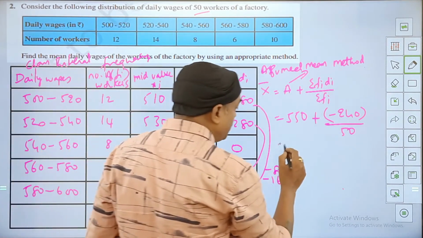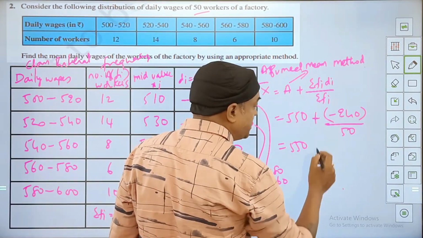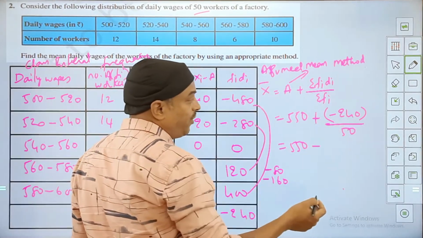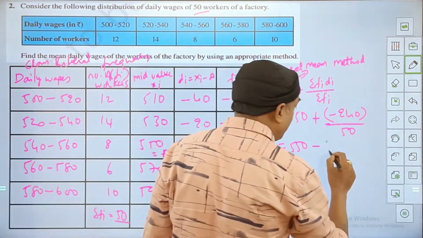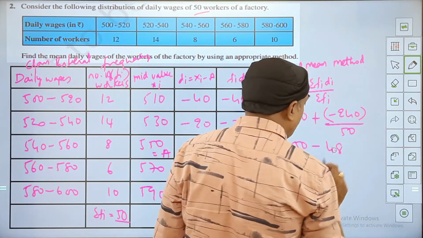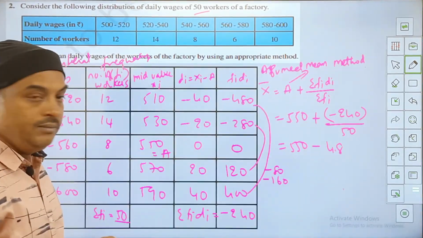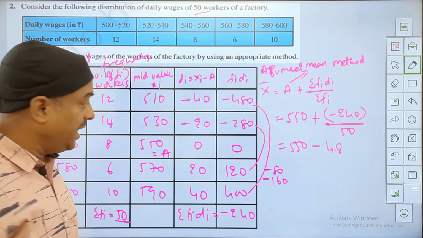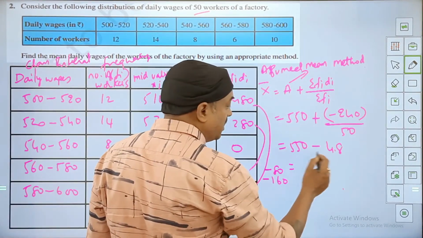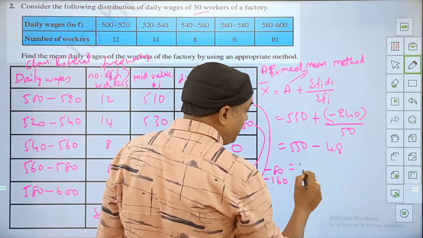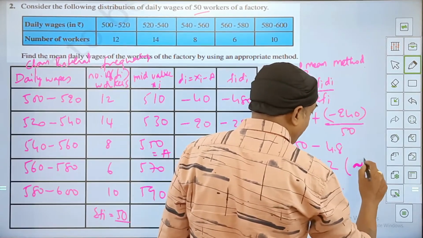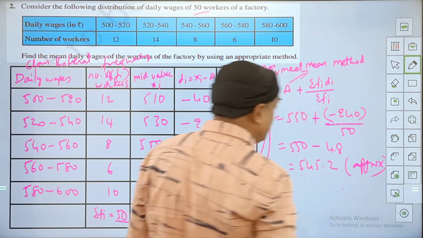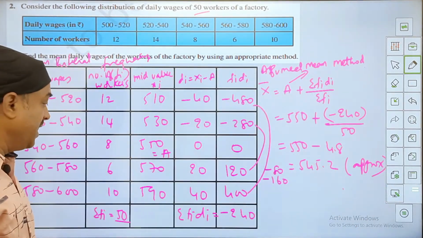Okay, so now this is going to be 550 plus into minus is minus, 240 upon 50 is going to be 4.8, minus 4.8, and then when I subtract here, this will be how much? 545.2 is an approximate value of the mean which I get. Now the cross check thing.